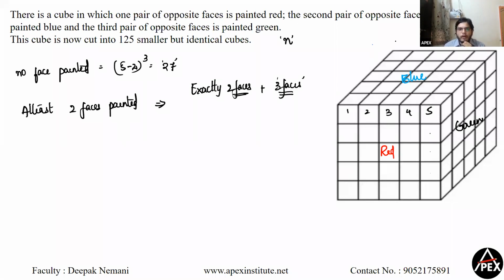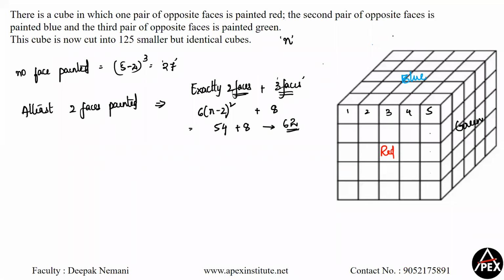So how many cubes do we have with exactly 2 faces painted?